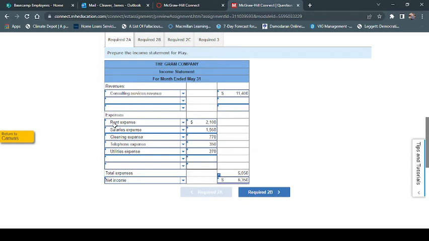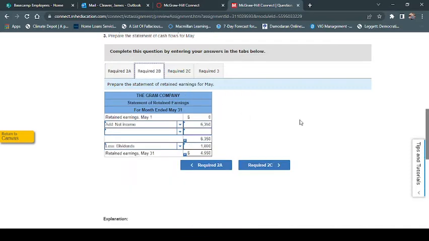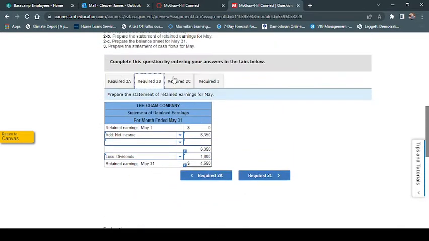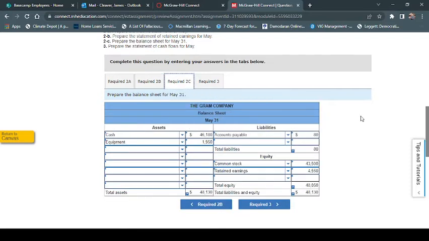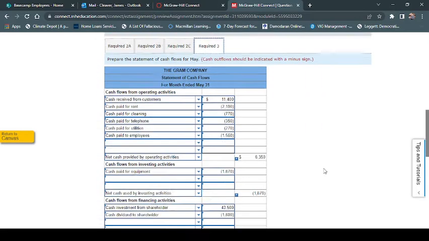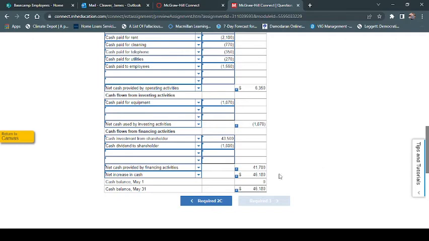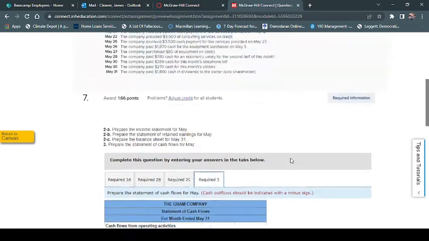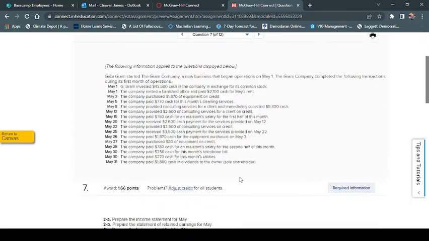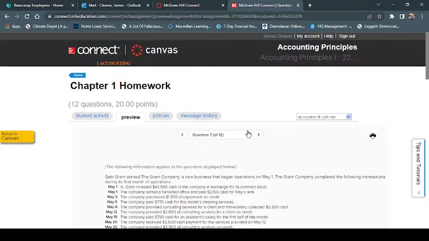Here's the revenue, and here are the expenses. Retained earnings here. Balance sheet here. All right. And statement of cash flows here. All right. I bet that was a lot, but we can go through it again just to nail it home.